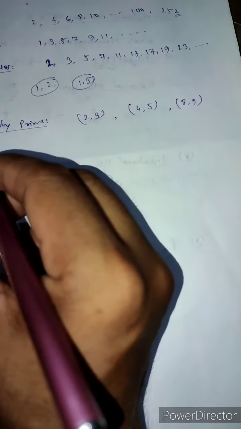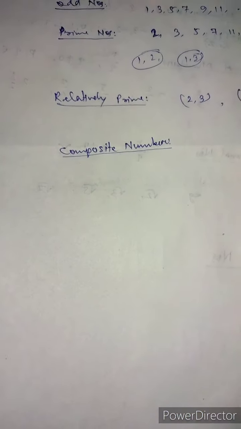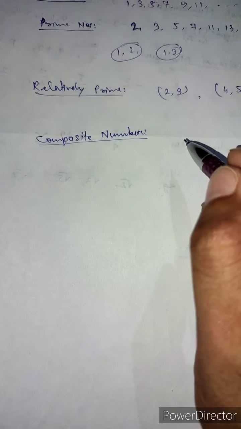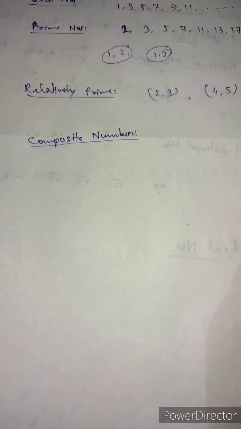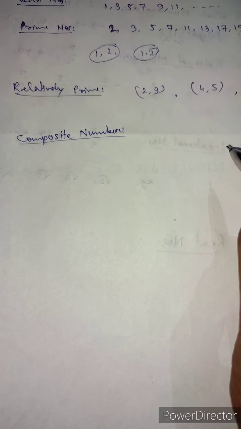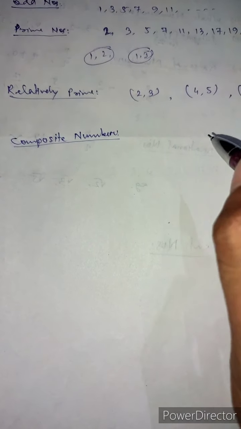Then let us know about composite numbers. So what are composite numbers? The numbers which have more than two factors, or the numbers which can be divisible by other numbers except 1 and itself, are called composite numbers.